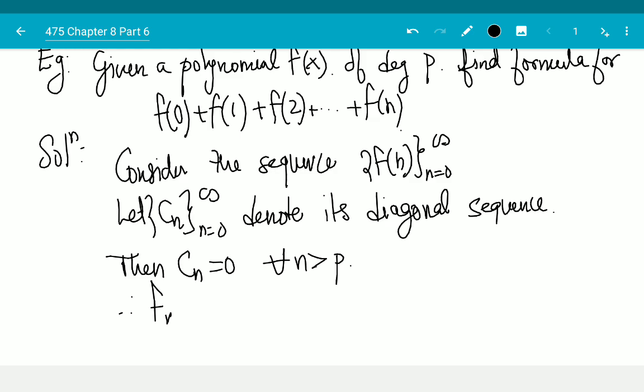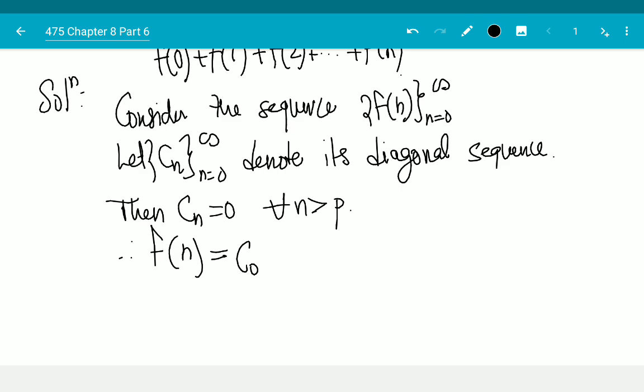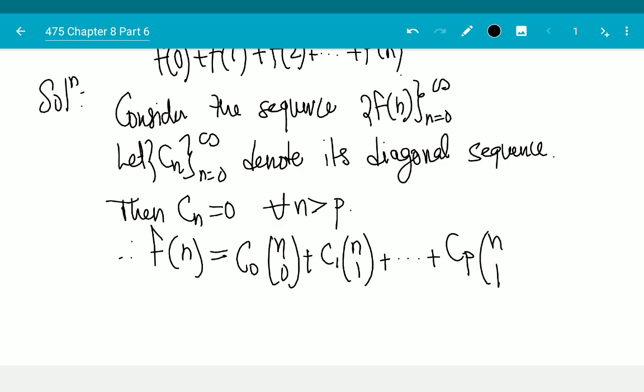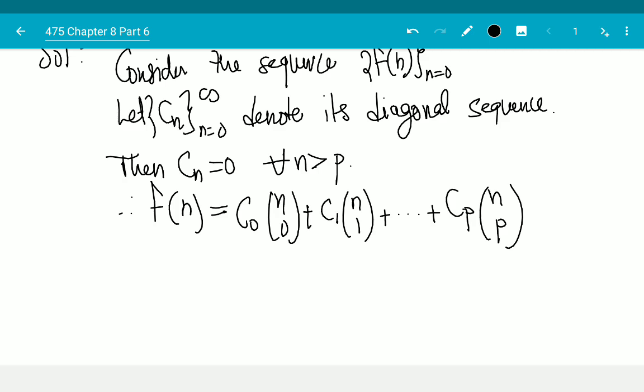Therefore, f of n is equal to, from what we have seen before, if this is the diagonal sequence Cn, then fn is going to be C0 n choose 0 plus C1 n choose 1 plus dot dot dot Cp n choose p, right?